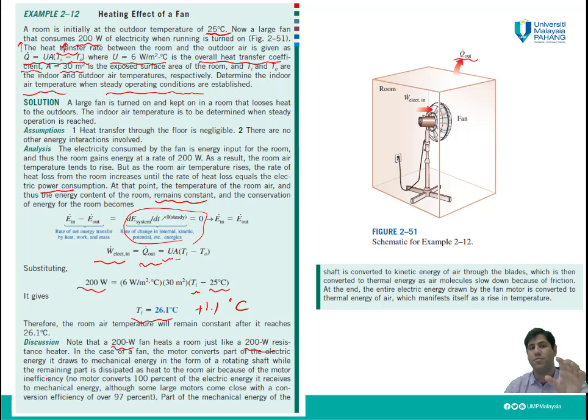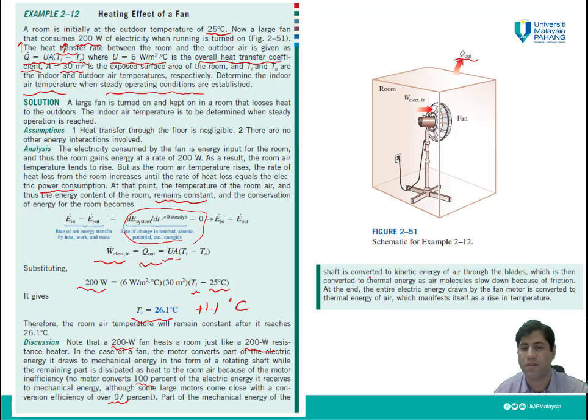Some part of that will be thermal energy due to the friction in the motor components, and even because of the resistance in the wires, which are connecting lines from the electricity source to the motor of the fan. In other words, we don't have any equipment with 100% efficiency. The best case for large ones is 97%.